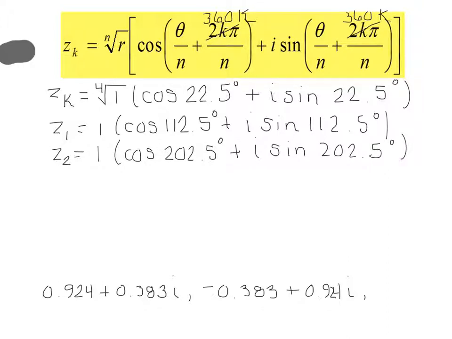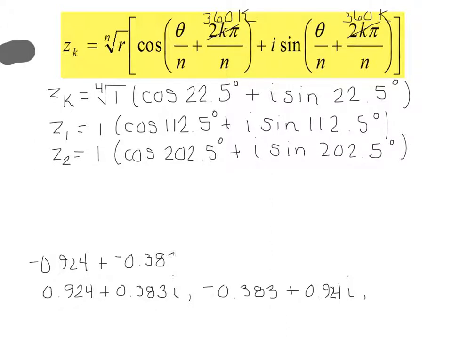When I find the cosine of 202.5 degrees, I get negative 0.924. When I calculate the sine of 202.5 degrees, I get negative 0.383.